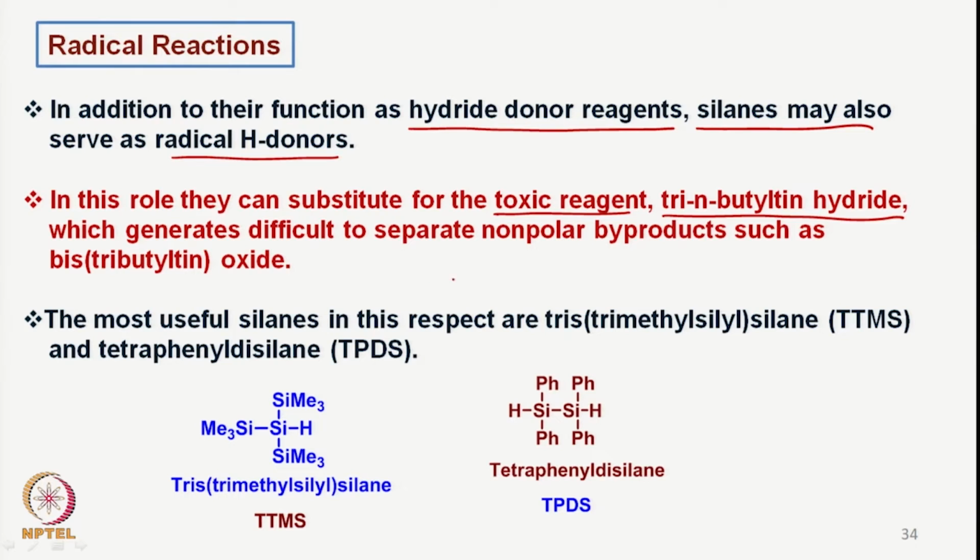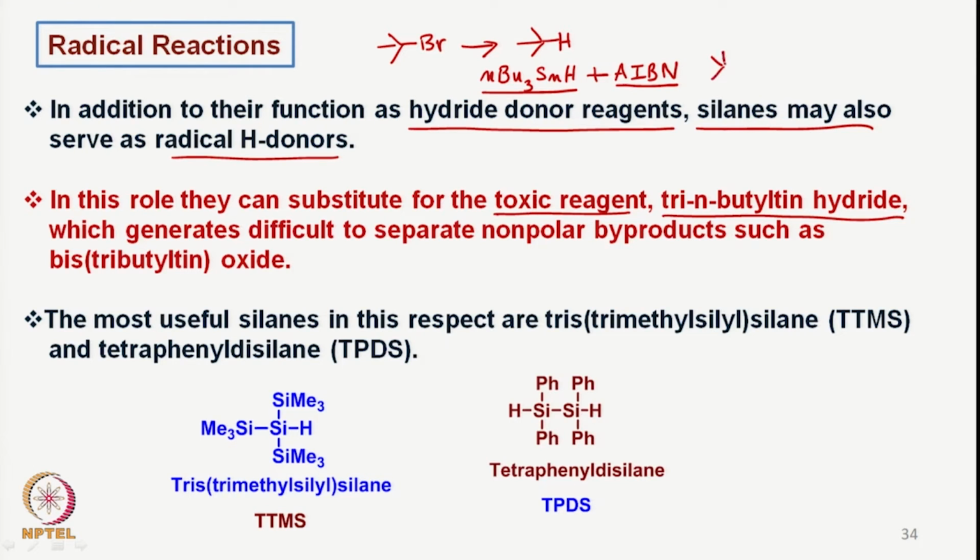So if one wants to carry out a reduction, say for example of Br here, to form H here, what is used is tributyltin hydride as a hydrogen source in the presence of something called AIBN, which is azo-isobutyronitrile, which looks like this.